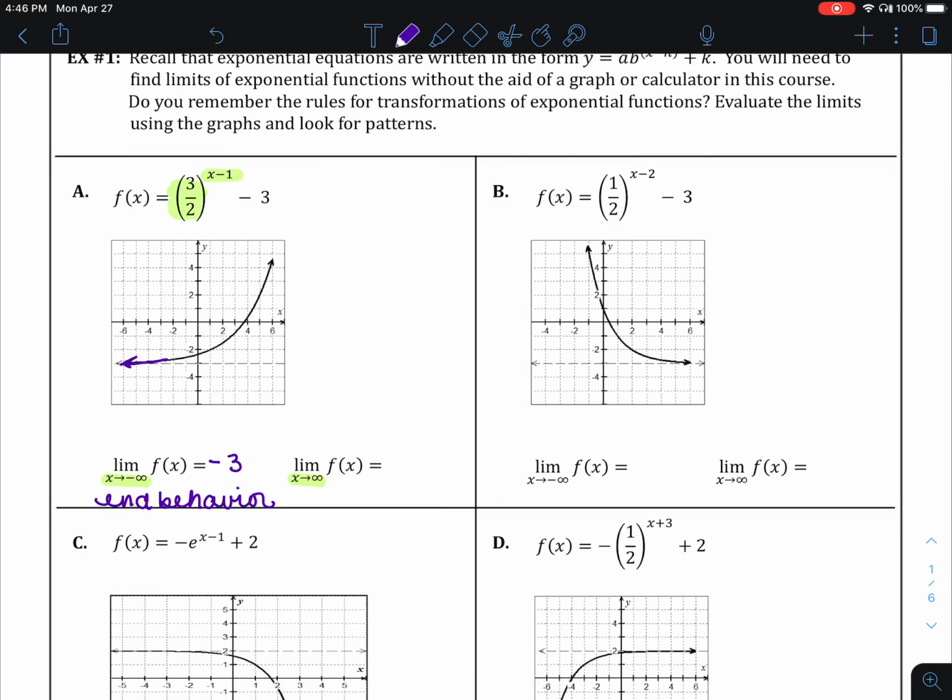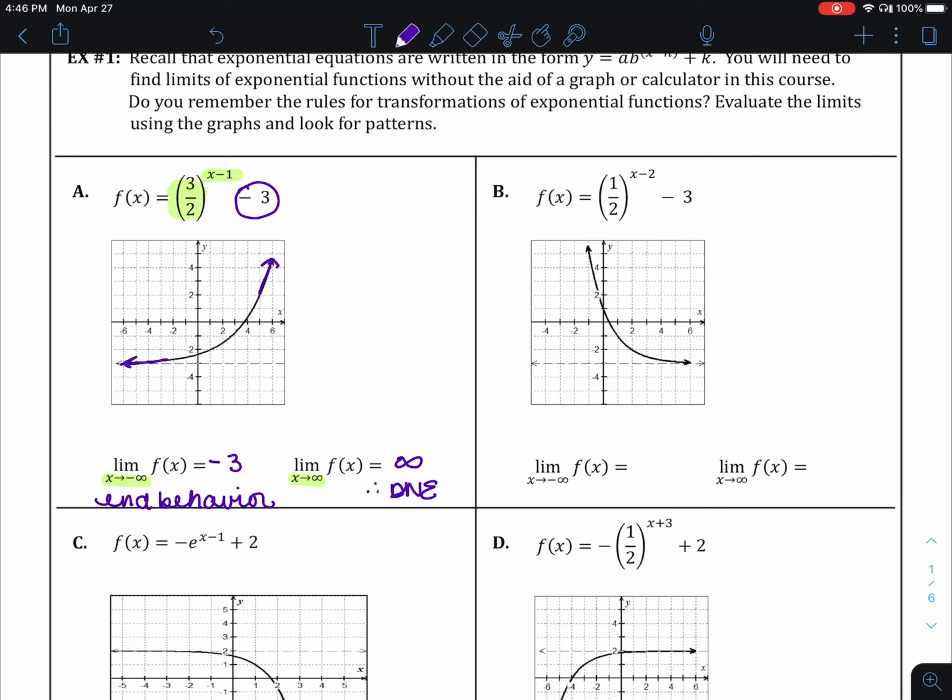And we can locate that by, of course, that value that is added or subtracted onto our exponential. But because this is a growth function, we expect that as we approach positive infinity, this thing to just keep growing. So we're going to say infinity, therefore DNE.